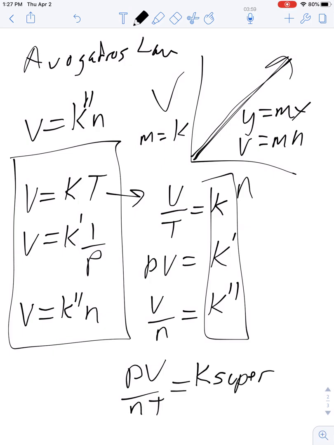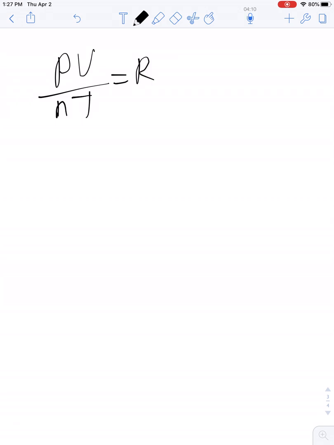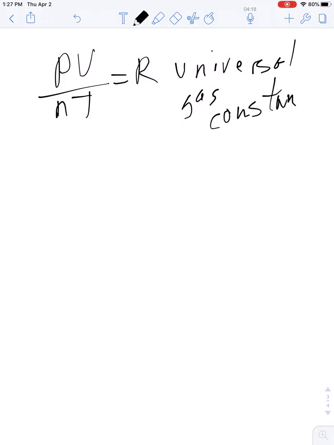A superconstant. What should we call this superconstant? We call it R, and it's the universal gas constant. And so that universal gas constant, then we can rearrange it. And there you go.